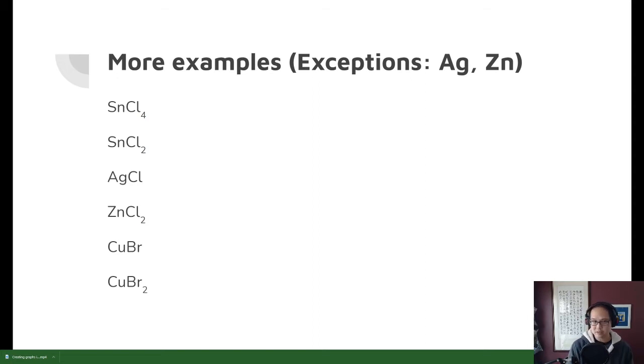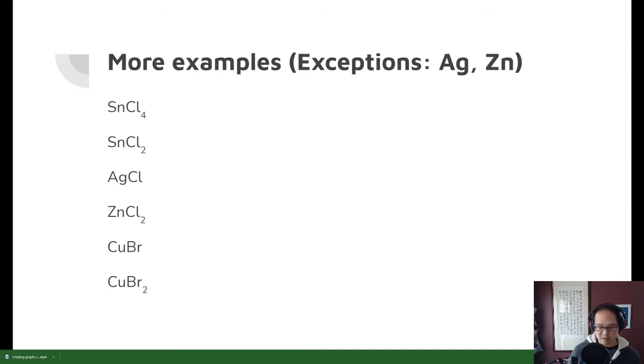So to balance that out, Sn must have a charge of +4, and Cl is just chloride.